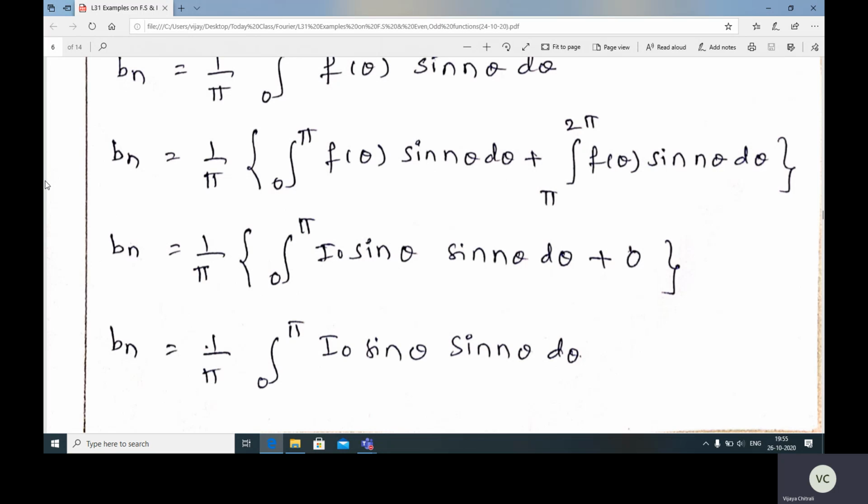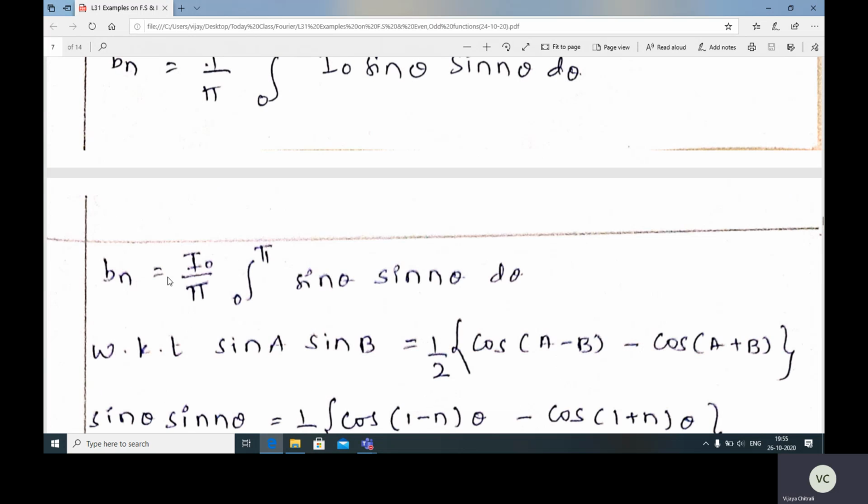Next we need to integrate this. Again I naught is like a constant, take it outside. So the next step will be Bn is equal to I naught by pi integration from 0 to pi sine theta sine n theta d theta. Here we have a product of two functions, sine theta and sine n theta. So we know that sine a sine b is equal to 1 by 2 cos a minus b minus cos a plus b.